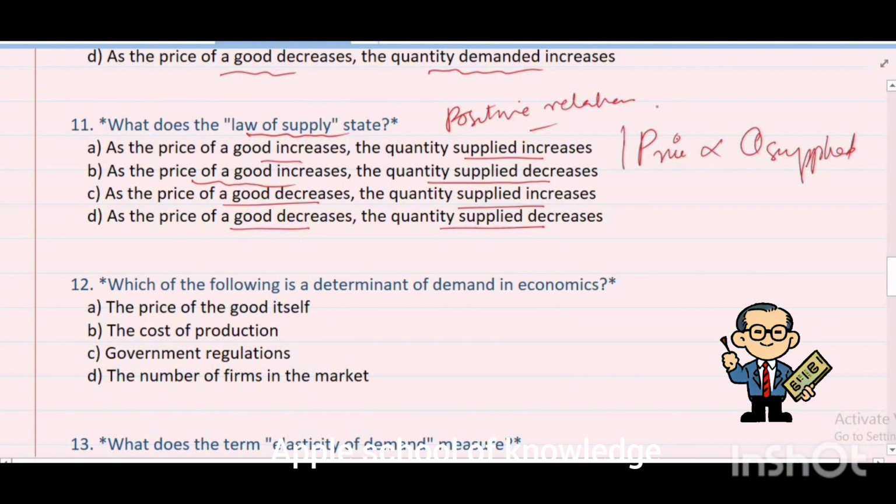We remember that the price relationship is positive to quantity supplied. So option A says that as the price of the good increases, the quantity supplied increases. When the price increases, the production department will provide more goods to the market, because the price goes up and they will get more profit.